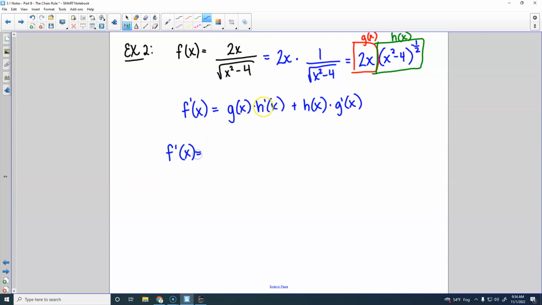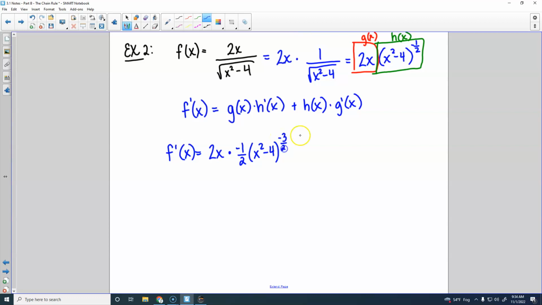Alright, so our derivative here is going to be g of x, which is just our 2x, times the derivative of h of x. So we got to use chain rule for that. We'll have negative 1/2 times x squared minus 4 to what power? Negative 3/2.